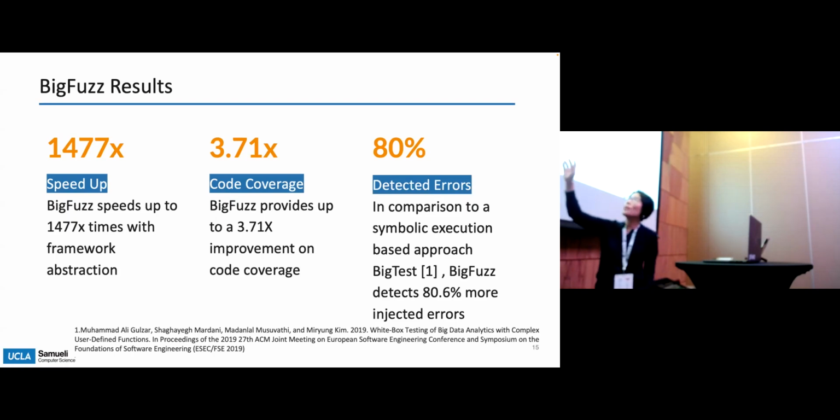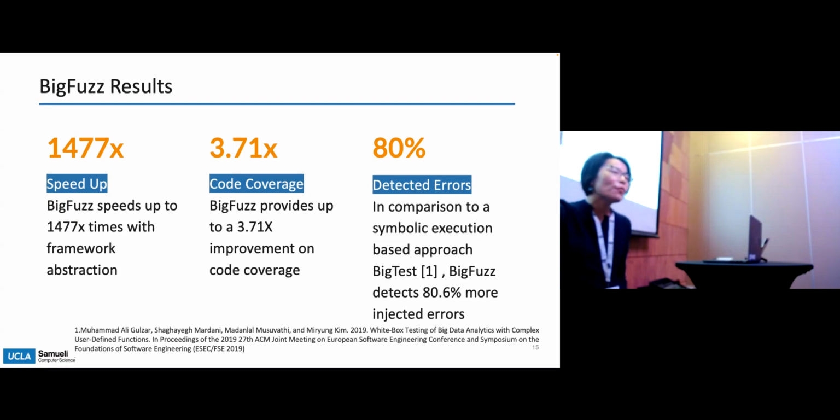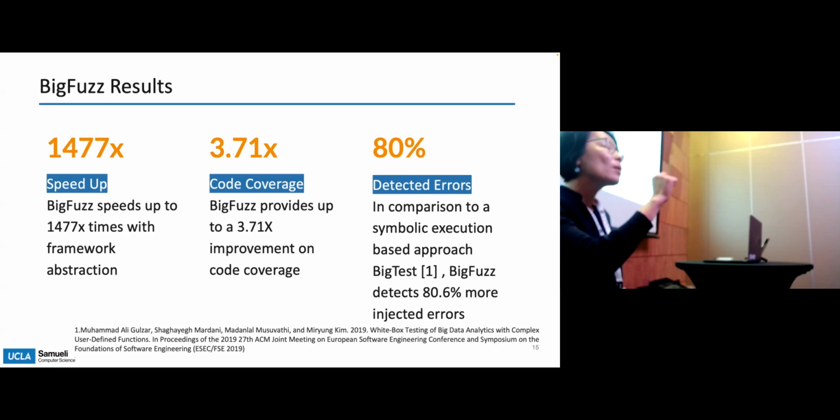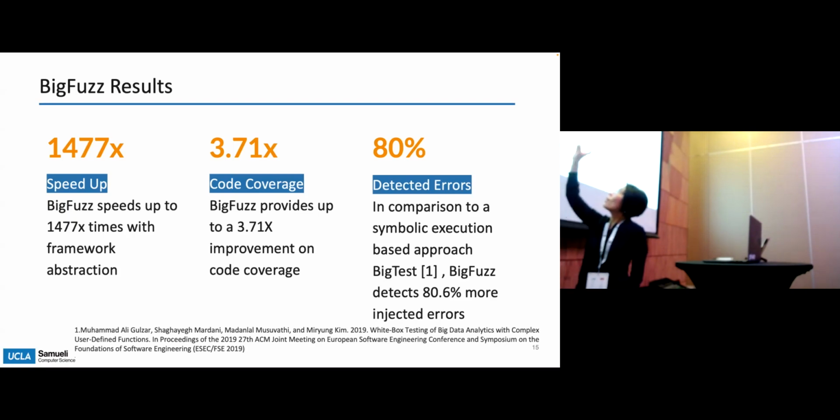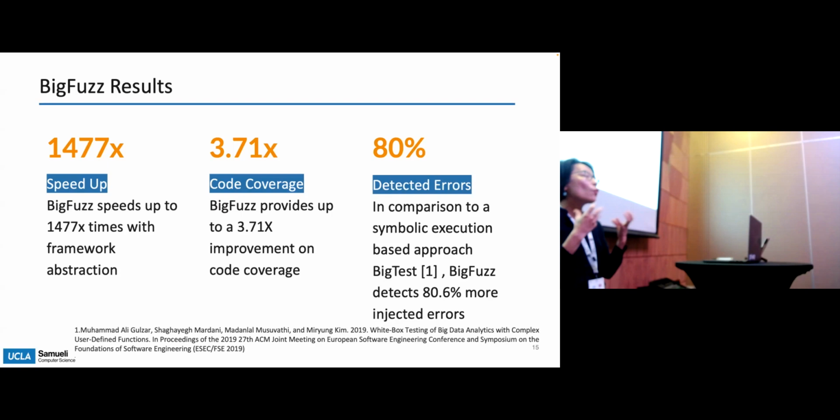So this is a little bit of an expected result. It sounds amazing, but this almost 1400x speedup really comes from replacing the target subject program that has a long latency with something much simpler and quickly executable. Then for code coverage, the improvement comes from the better way of dealing with the feedback.